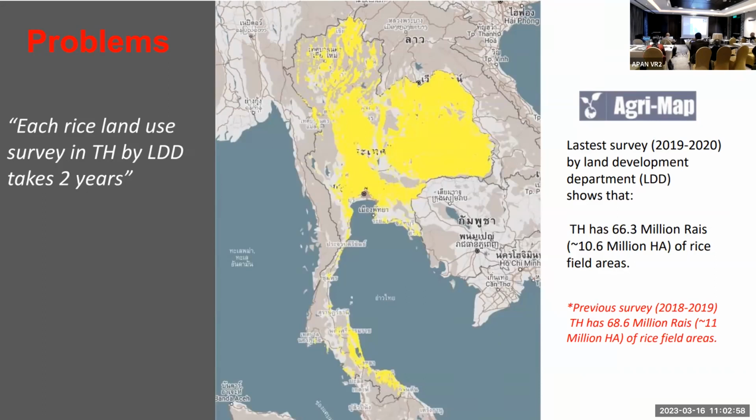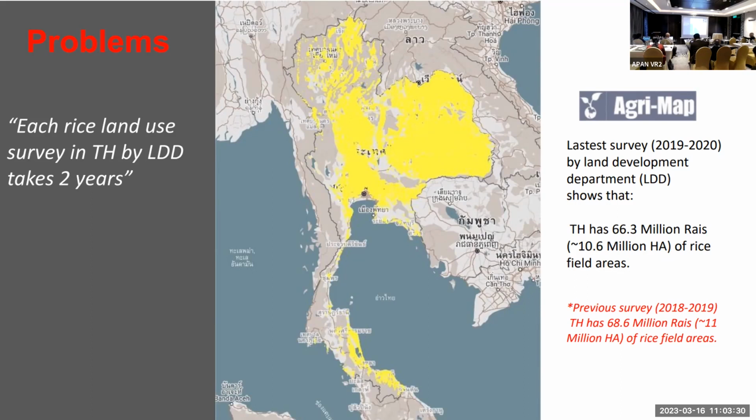However, to get this information in Thailand, even though we have a remote sensing department in the Ministry of Agriculture and so on, they have to send people to the field and really check whether this field is a paddy field or not. This kind of survey can be done only once every 2 years.